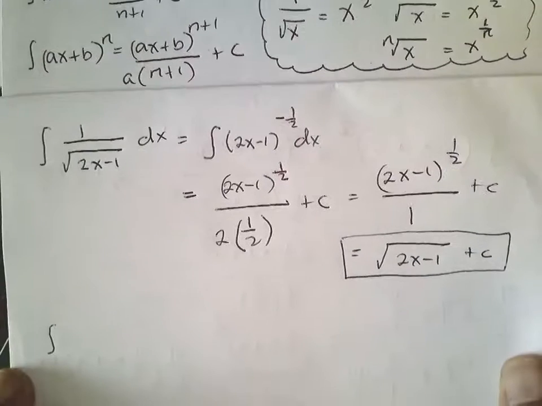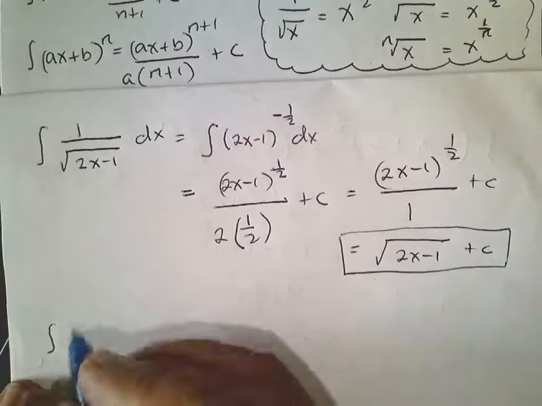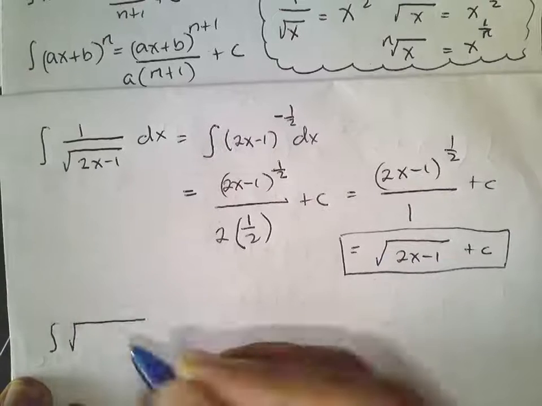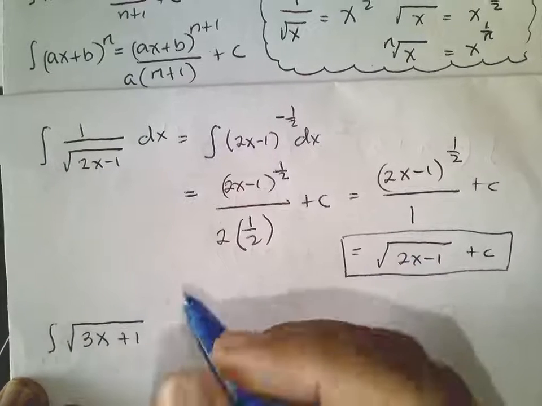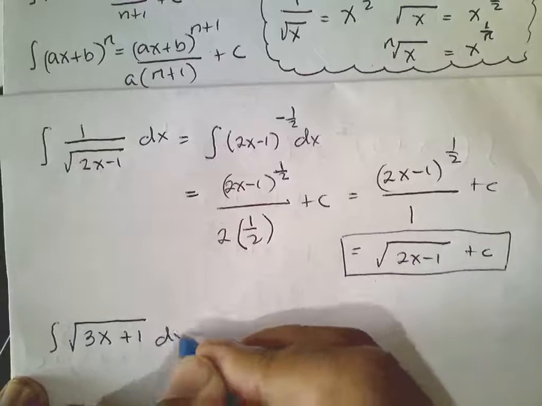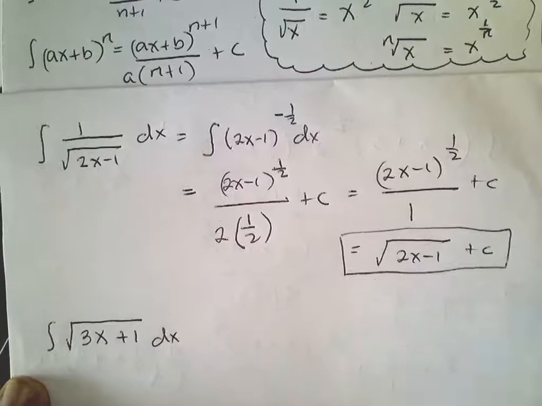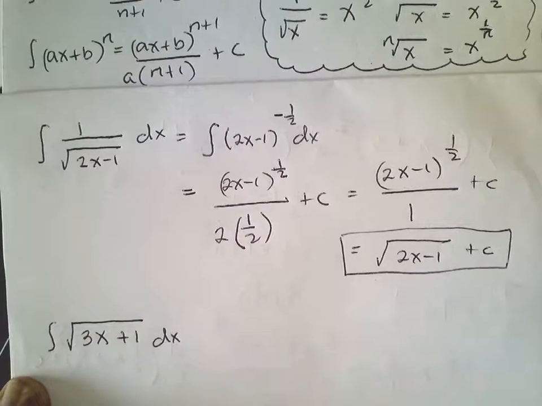Again, in every example that I am giving you, try to do it by yourself for a while. You pause the video. Don't continue watching the video without trying the question by yourself. Now you have the square root of 3x plus 1.